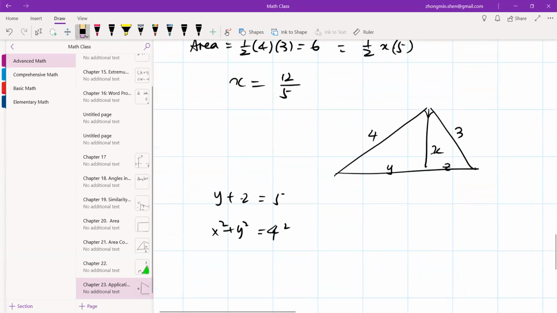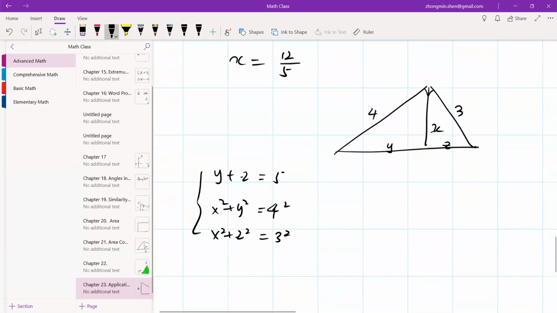Then you have x squared plus z squared equals 3 squared. So you apply the Pythagorean theorem. You introduce 2 variables, you have 2 right triangles there, and apply the Pythagorean theorem to each. Then you have to find a way to solve it, right?